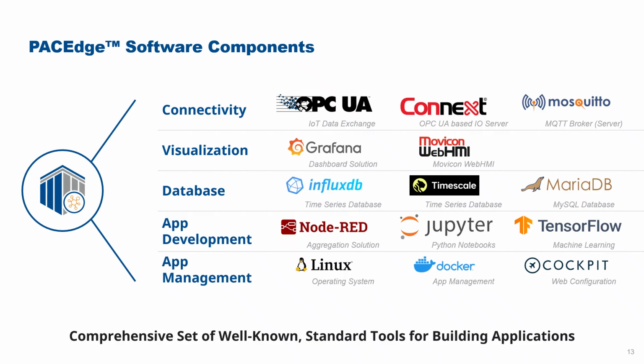Connext is our own OPCUA based IO server based on Movicon, and this gives you a wide range of proprietary PLC drivers as well as these open drivers like OPCUA and Modbus TCP. So if there's a particular PLC you want to talk to and it's not an Emerson PLC, then Connext will probably cover you with that driver and make it easy to connect to those PLCs.